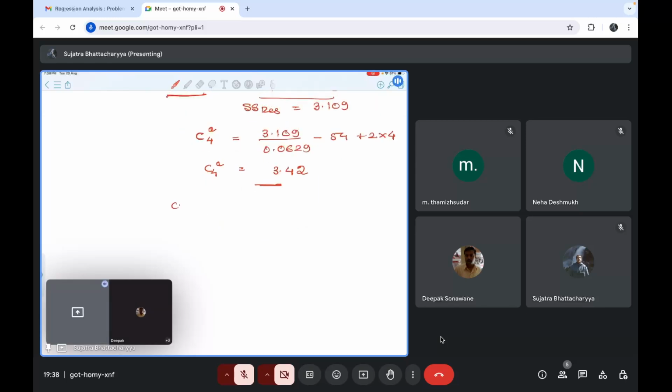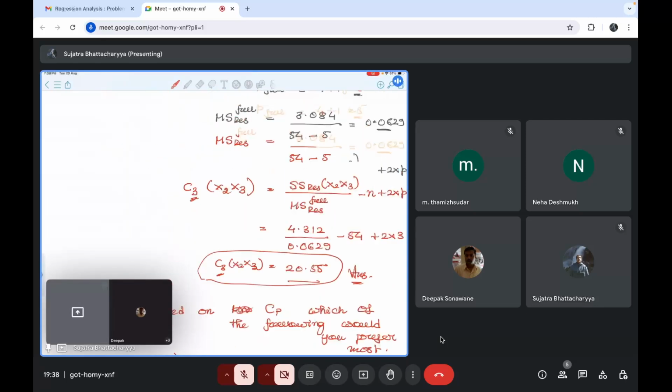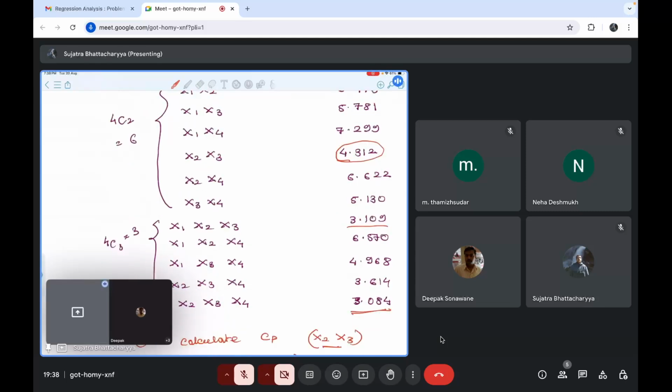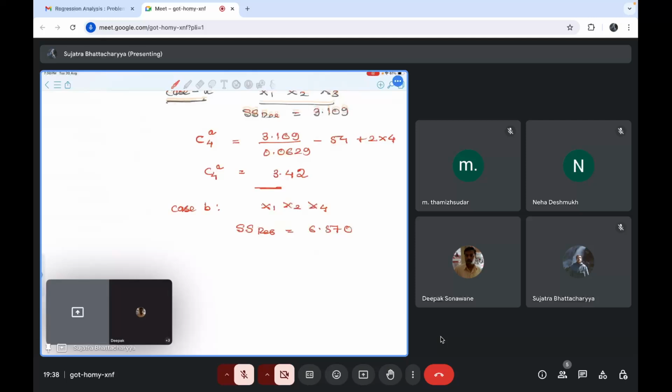Let's see case B, where x1, x2, x4 are present. What is the SS residual for that? I'm just writing it is 6.57. You can check it from the table, x1, x2, x4, right? Yeah, 6.57.